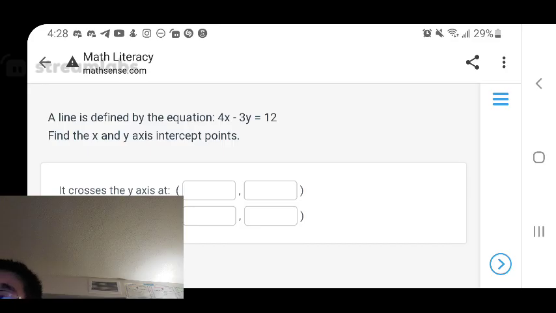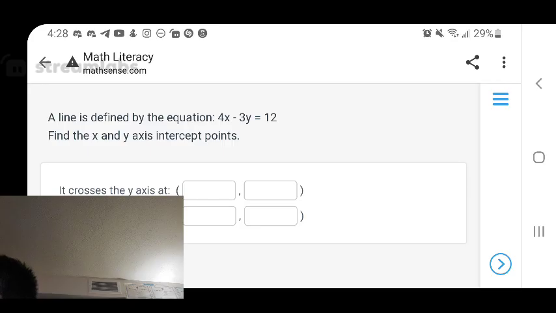So when x is 0, 4 times 0 minus 3y equals 12. 3y equals negative 12.